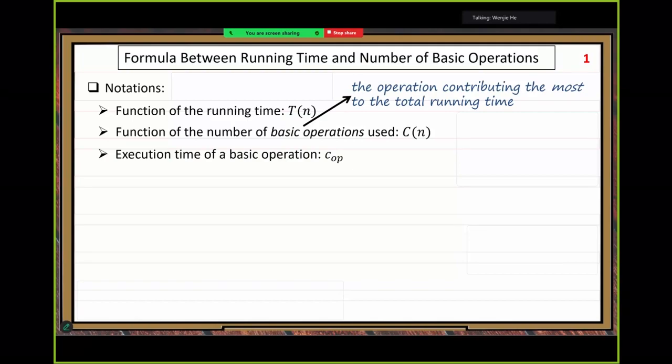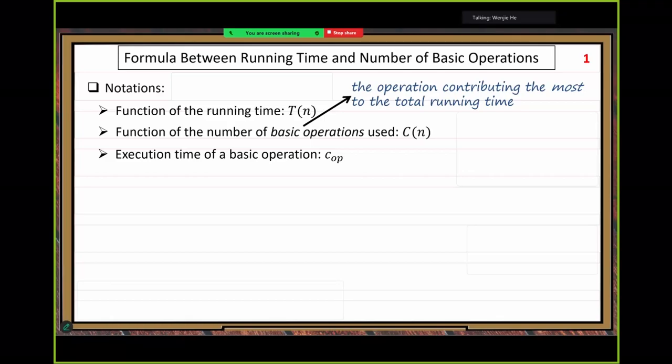Another constant we also need to consider is the execution time of a basic operation. Because you need to run your program on your machine, with respect to your own computer, you have this little c constant, c sub op.